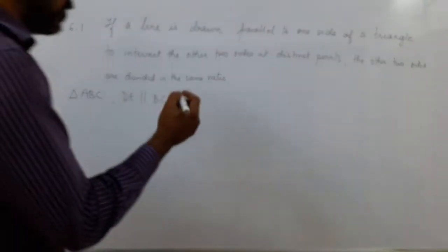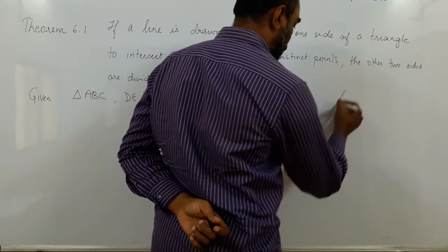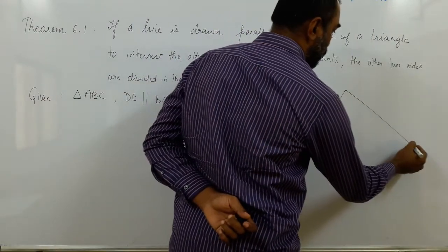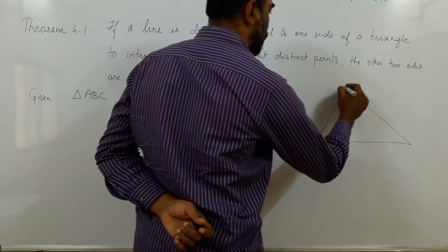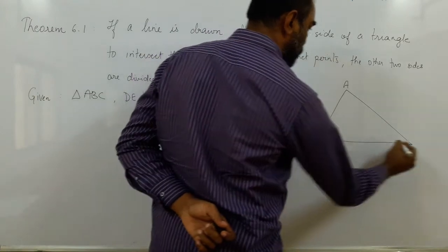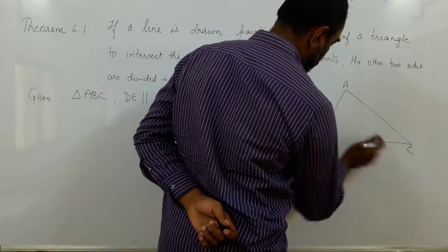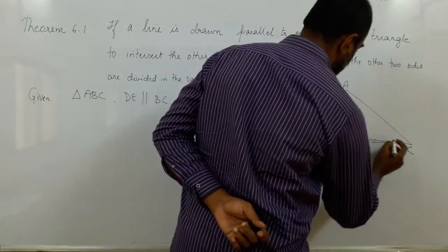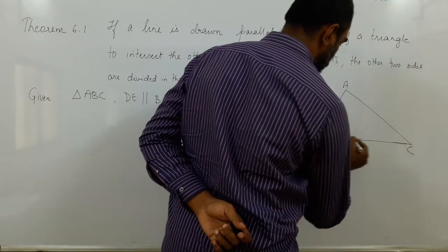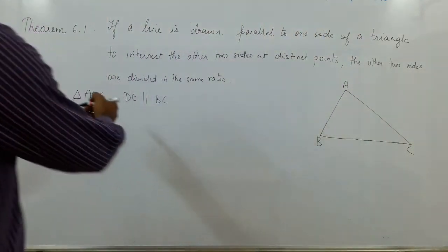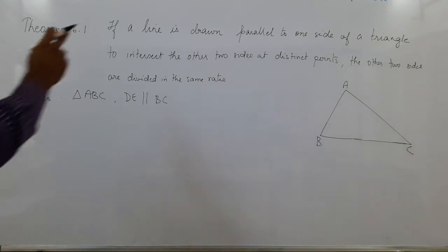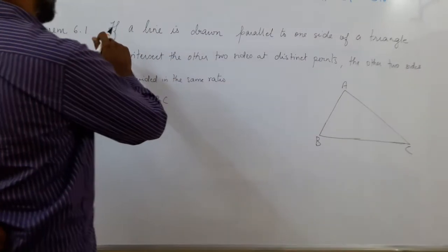So I will draw it here to show you. We are given a triangle ABC. So what is the theorem again?